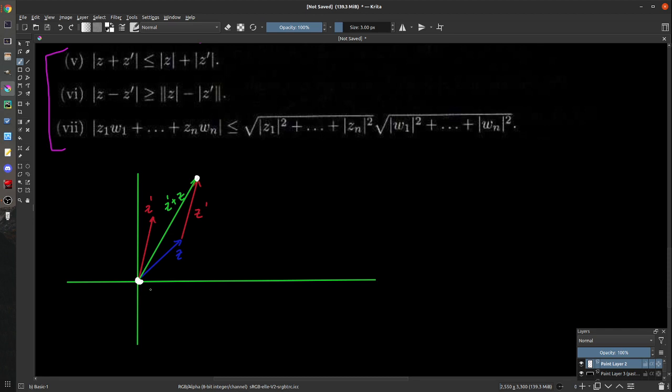However, since we're sitting in C as opposed to just in the real line, or something more simple like that, you can have things that have the same modulus that are not the same. So for example, just imagine instead of Z, you look at minus Z. That obviously has the exact same modulus, magnitude, as Z, right?